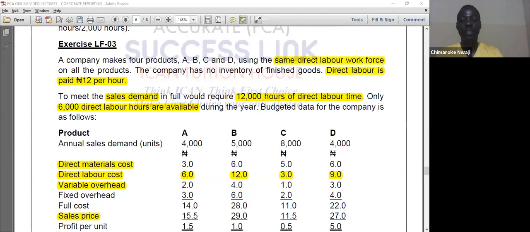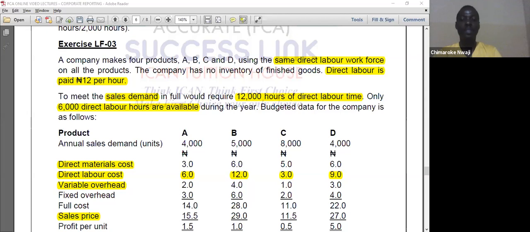So we bring our 8,000. Fine. How many labor hours is C? 0.25. So once again, 8,000 multiplied by 0.25. It gives me 2,000. If you add your 2,000 to 3,000 for the first one, which is D, you have a total of 5,000.